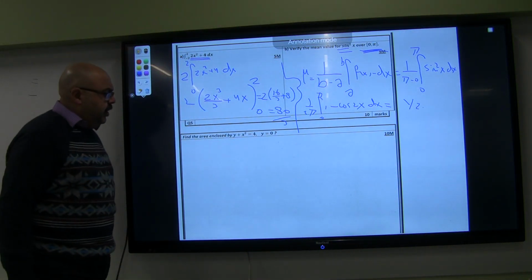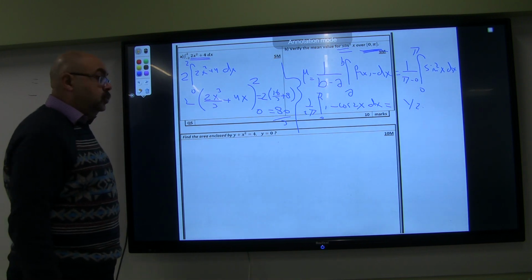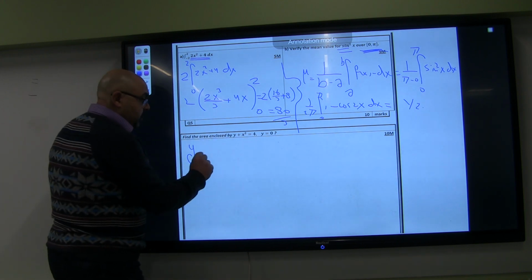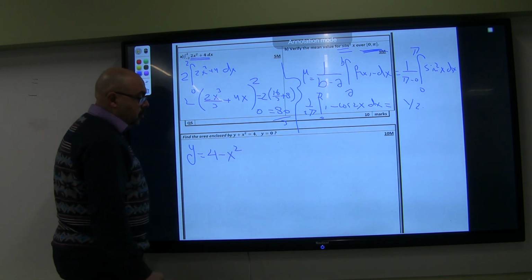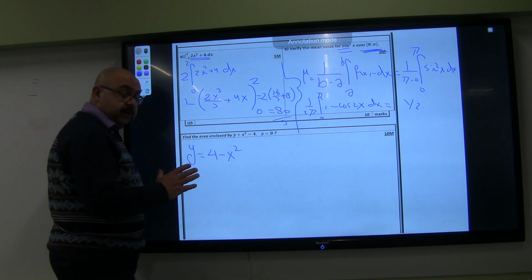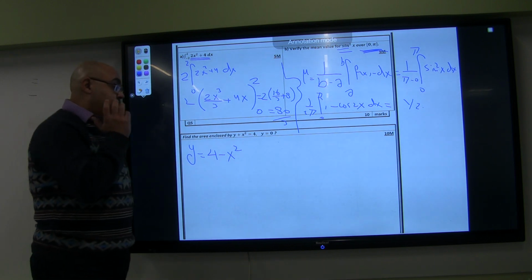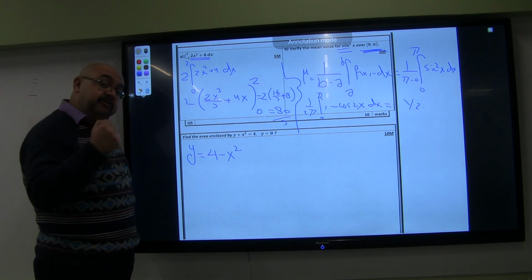He's asking you about the area enclosed by y equal x squared, y plus x squared equal 4, and y equal to 0. This is really very simple. As you see, y will equal 4 minus x squared, which is a parabola that's symmetric about the y-axis. You can either speculate the shape, or you can simply remember it.